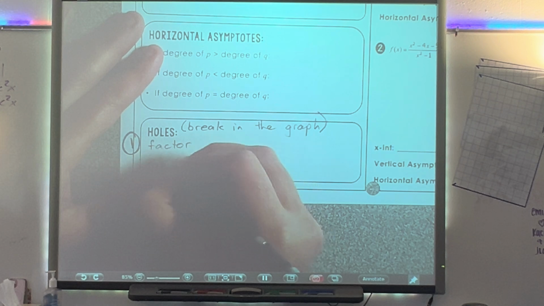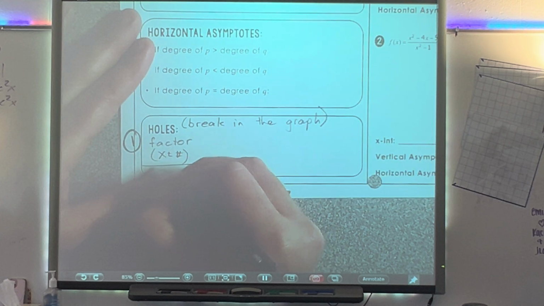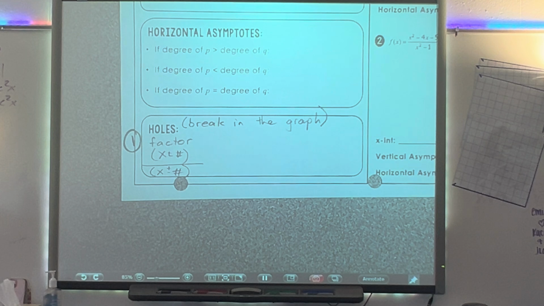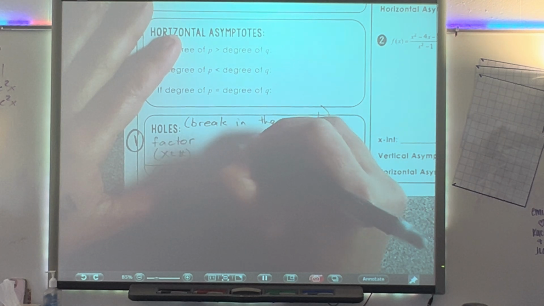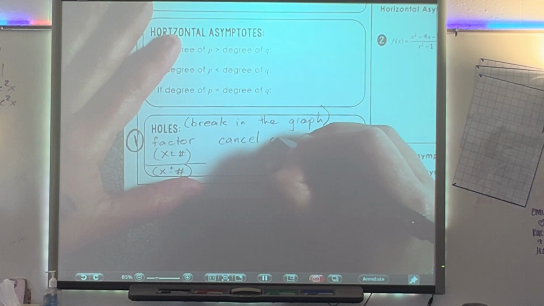It's going to look something like x plus or minus some number over x plus or minus whatever your factors are. We're factoring the numerator, we're factoring the denominator. Everybody good? Then I'm going to cancel common factors.